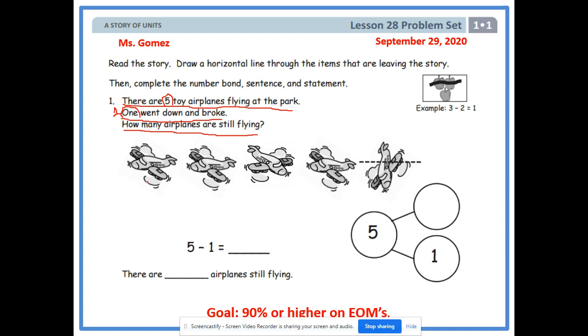So they want to know how many airplanes are still flying. Well, what did we start with? Yes, 5 toy airplanes. So what is the whole number in this story? Get ready. Yes, 5. And they drew 1, 2, 3, 4, 5 airplanes. We also have 5 as our whole number in our number bond. And now what is the part that we have to cross off?